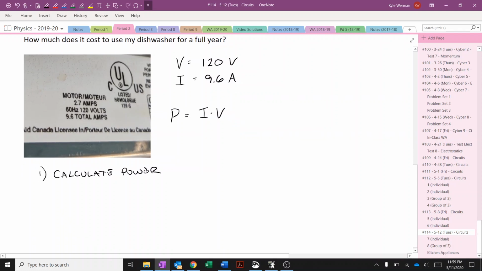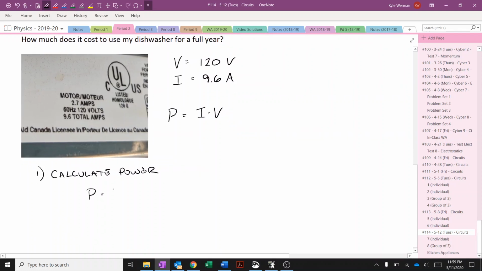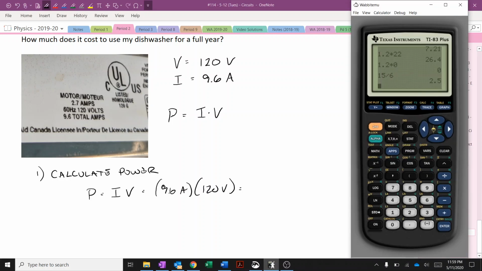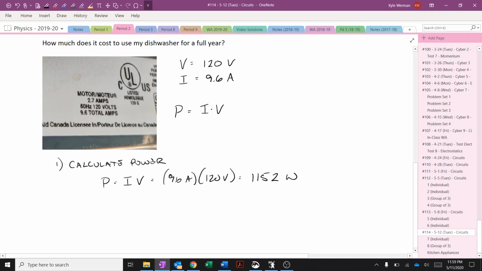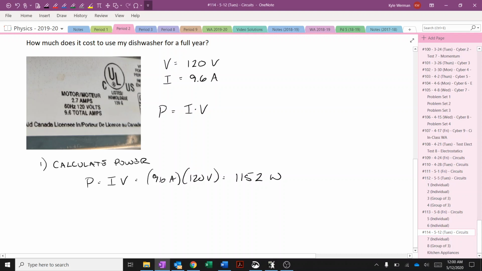We use P equals IV, which in this case I have 9.6 amps times the 120 volt supply. And when I multiply those, 9.6 times 120, I've got 1152 watts. All right, so that's our power consumption for our dishwasher.